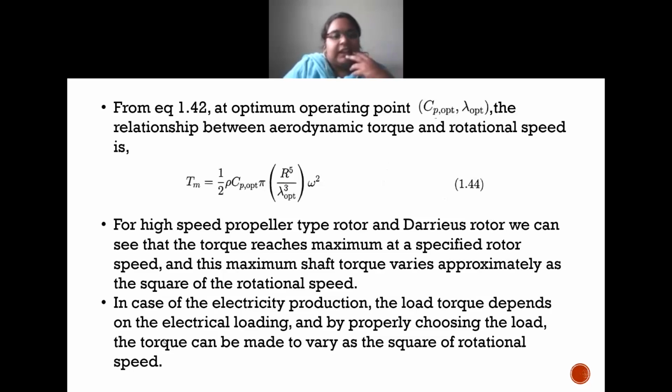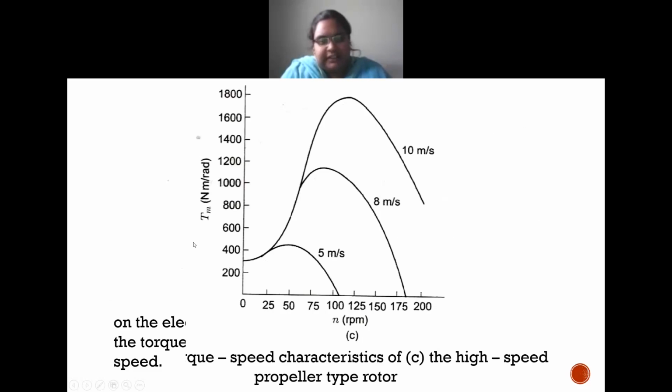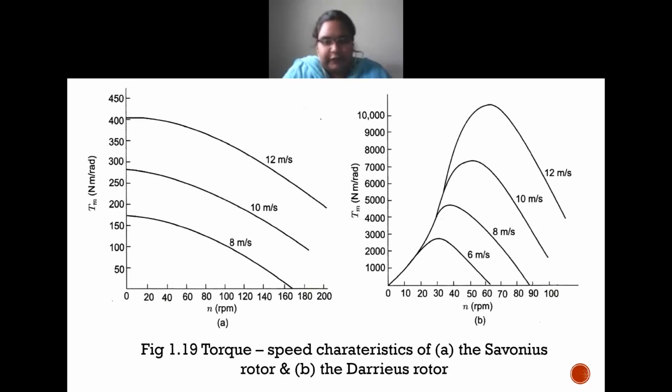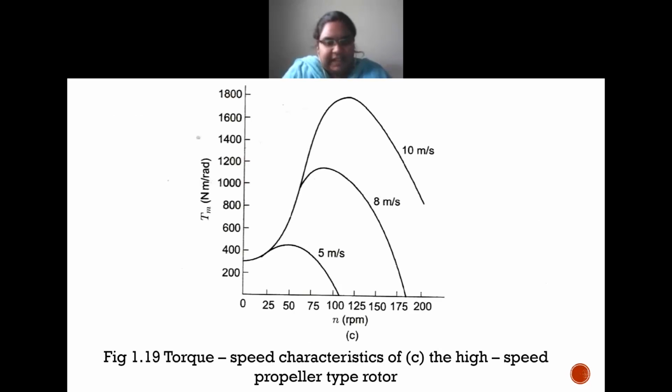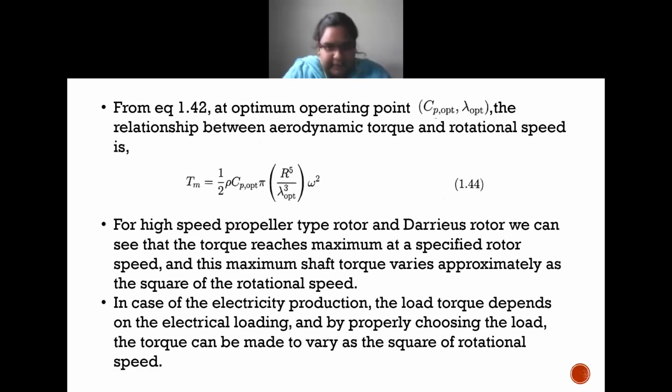That's all. Now from the diagrams we can say that for the high speed propeller type rotor and the Darrieus rotor, the torque reaches a maximum at a specified rotor speed, and this maximum shaft torque varies approximately as the square of the rotational speed. So it reaches a maximum in the case of the Darrieus rotor as well as the high speed propeller type rotor, and then it varies.